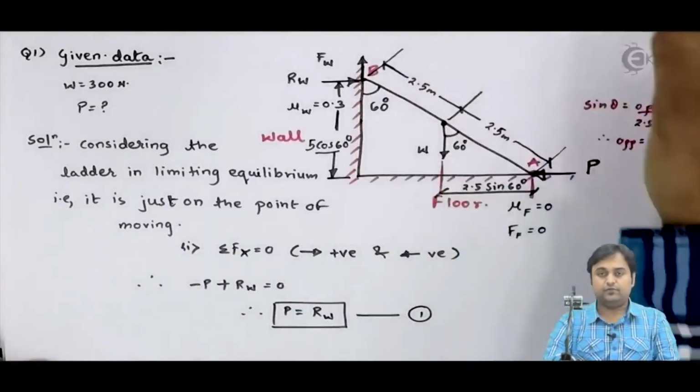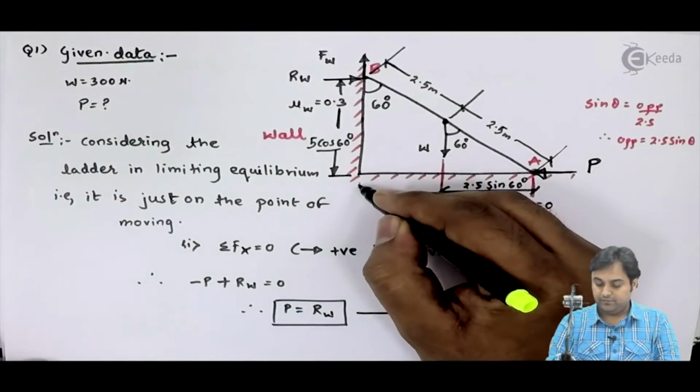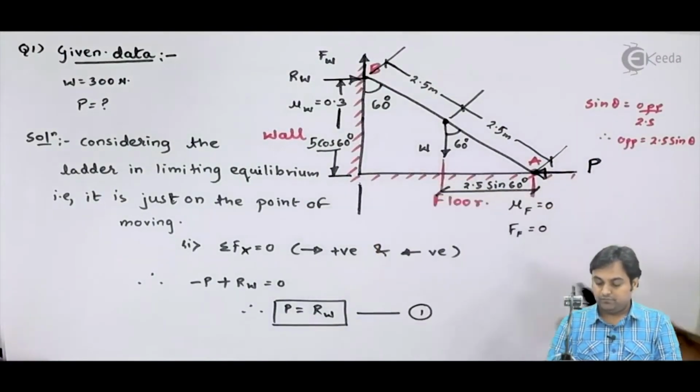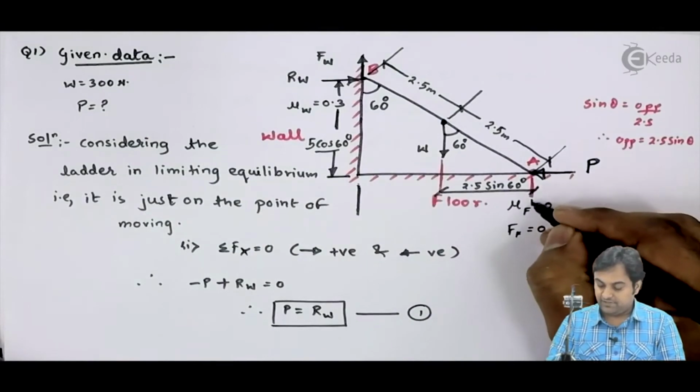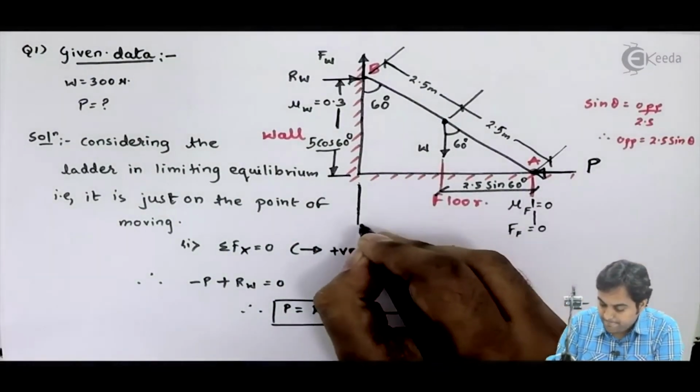Then we have frictional force, which is again going clockwise, and this distance would be 5 sine 60, the total distance here.